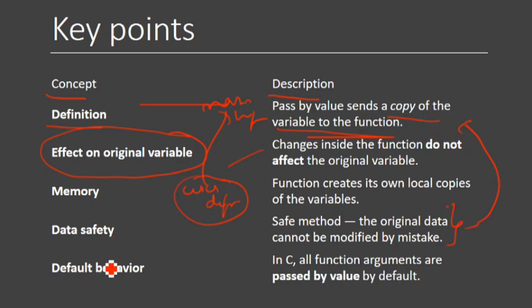Default behavior in C: all function arguments are pass by value only, as we have already discussed in the 4 types of user defined functions. Next we will discuss pass by reference, and you will understand clearly the difference between pass by value and pass by reference. In pass by value, you are sending a copy of data, so the original data is not going to change.